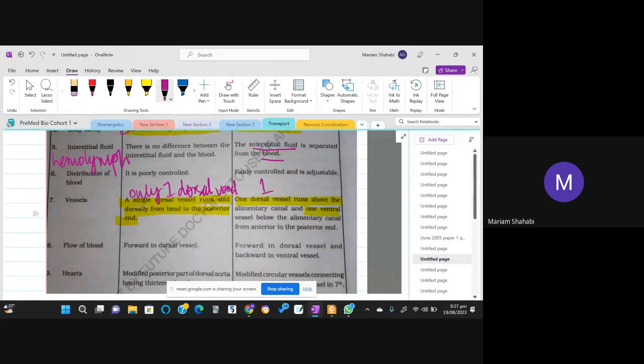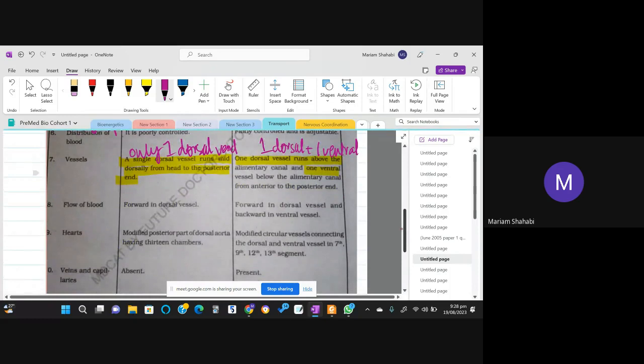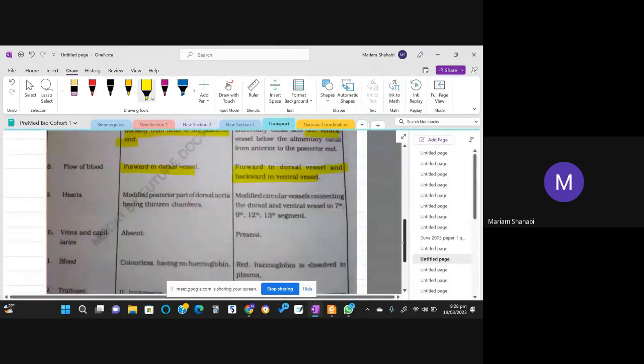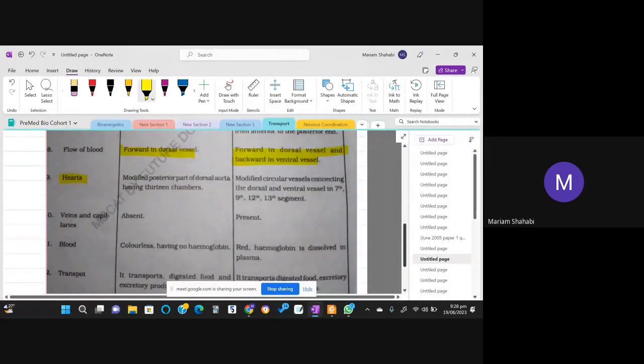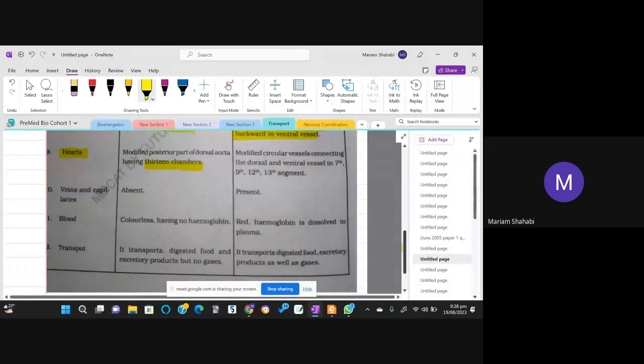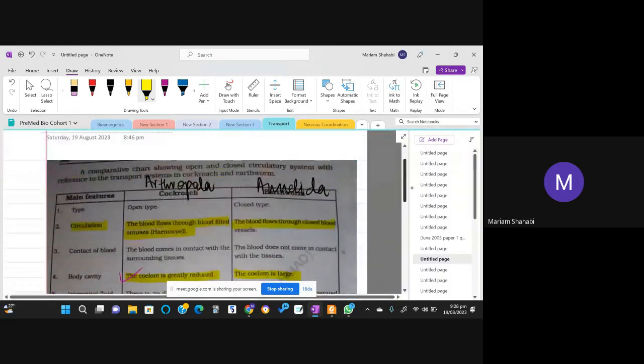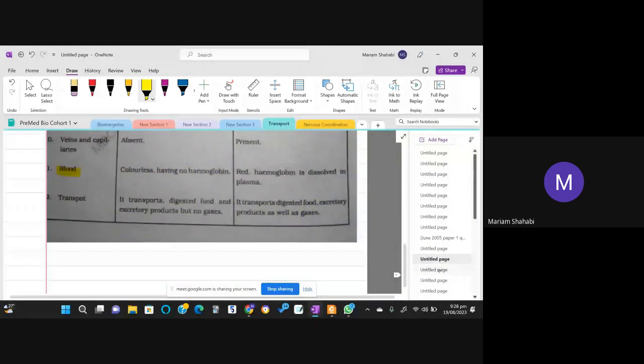And here you have one dorsal plus one ventral. Then blood moves forward in the dorsal vessel and backward in the ventral vessel. Okay, the cockroach heart has 13 chambers, remember this. And the blood point is done, that much is correct in this.